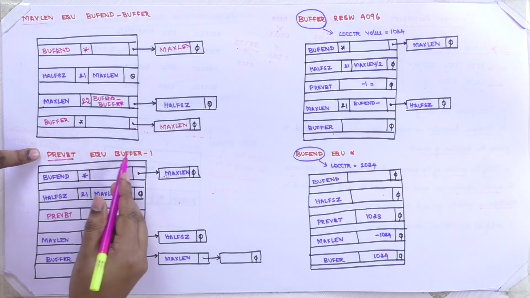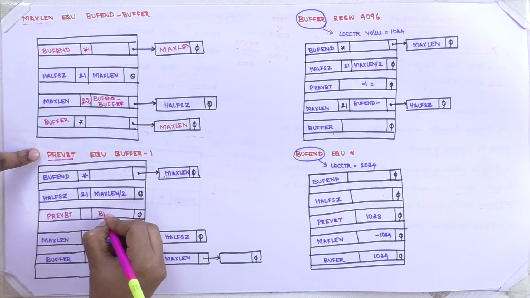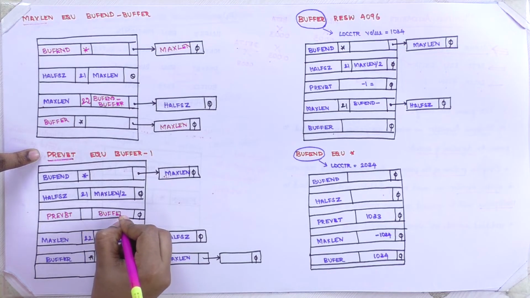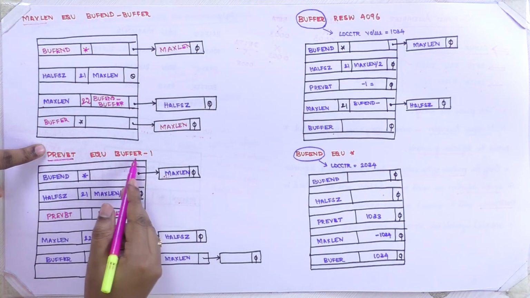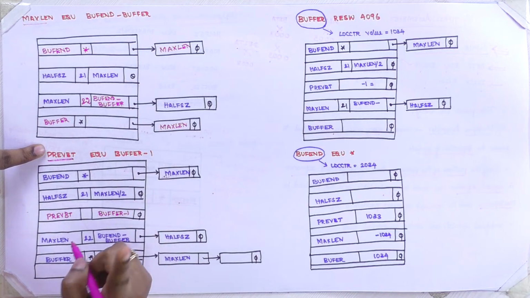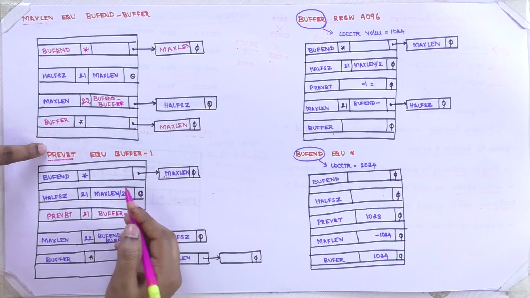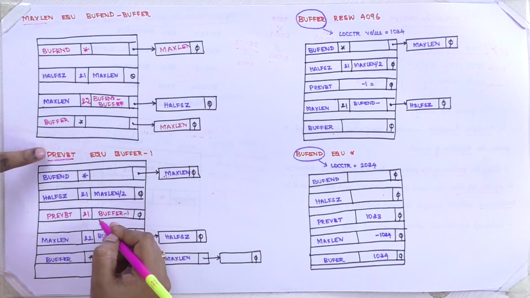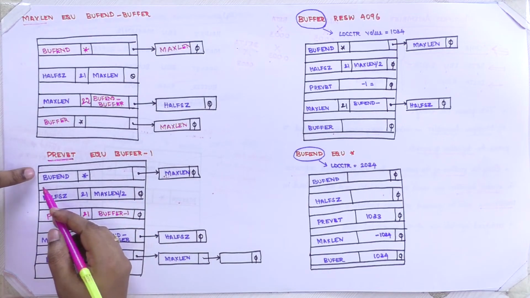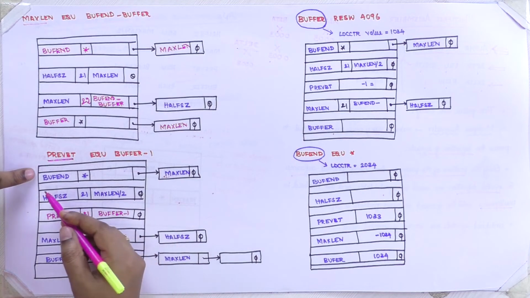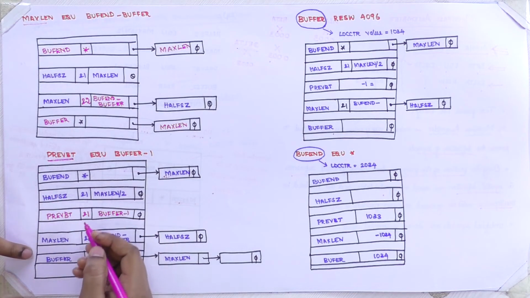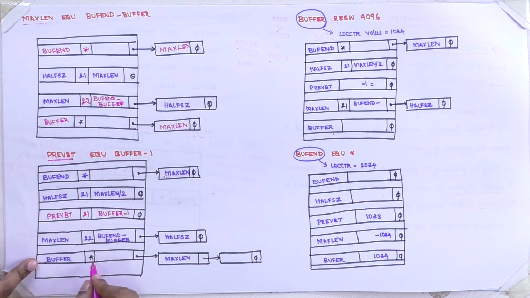PREVBT. So PREVBT is equal to what? It is equal to BUFFER minus 1. So PREVBT is dependent upon how many new symbols? Only one new symbol. So you have to represent it here, ampersand 1. Now BUFFER: you have to first check whether BUFFER is already defined in the symbol table. Yes, BUFFER is already defined, but the value of BUFFER is not known.